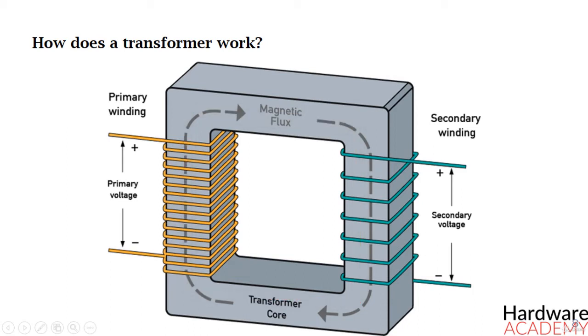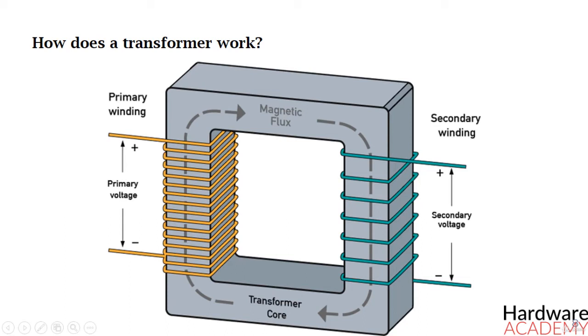However, the strength of the magnetic field induced into the soft iron core depends upon the amount of current and the number of turns in the winding. When the current is reduced, the magnetic field strength is reduced as well. When the magnetic lines of flux flow around the core, they pass through the turns of the secondary winding, causing a voltage to be induced into the secondary coil.